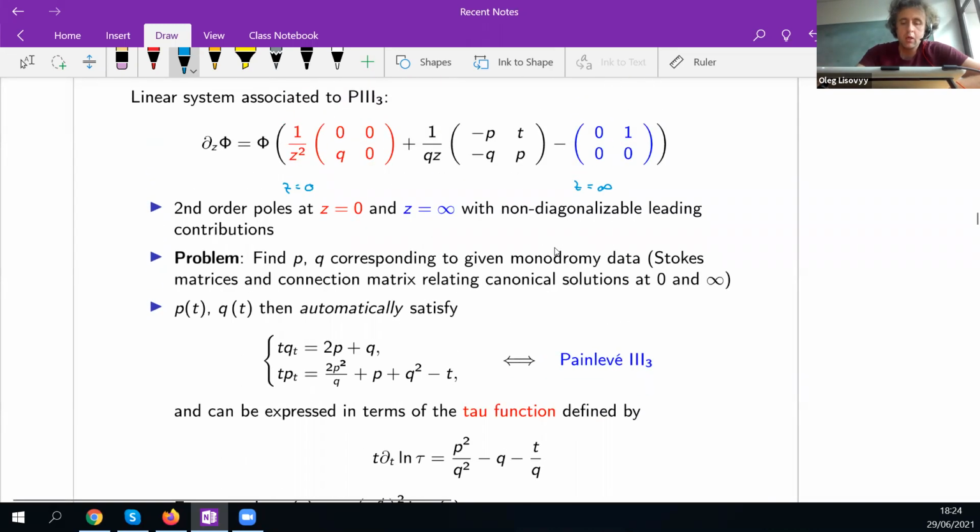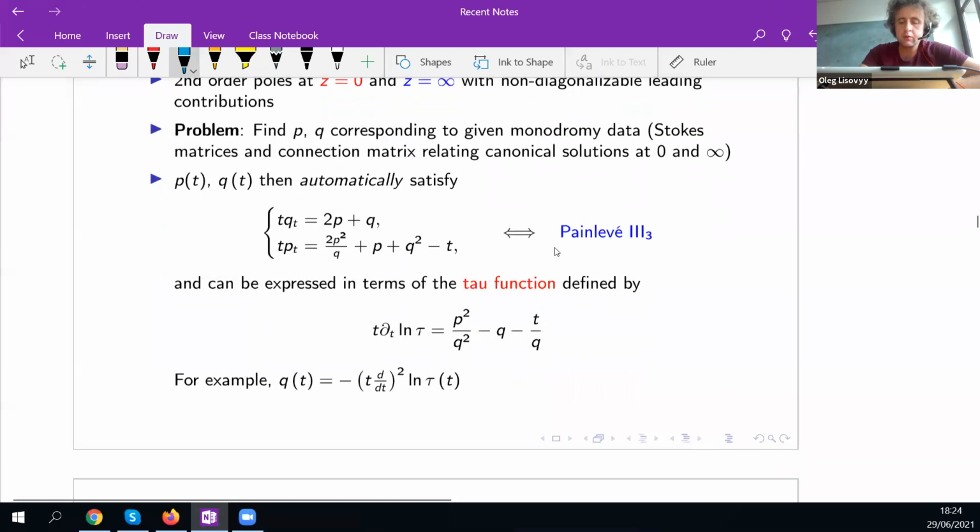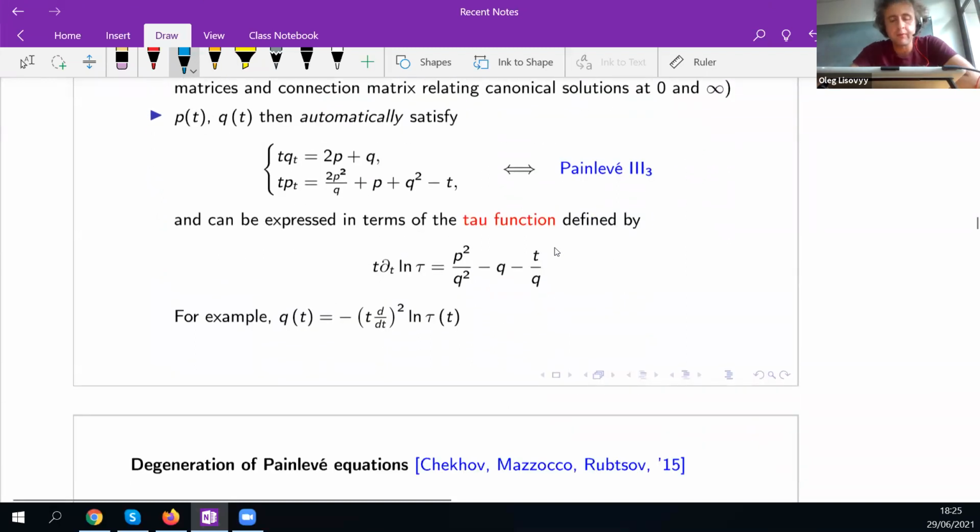Okay. In other words, if we manage to construct somehow, for a given monodromy and a given time variable, this P and Q, then automatically we will have the general solution of our Painlevé 3 equation.